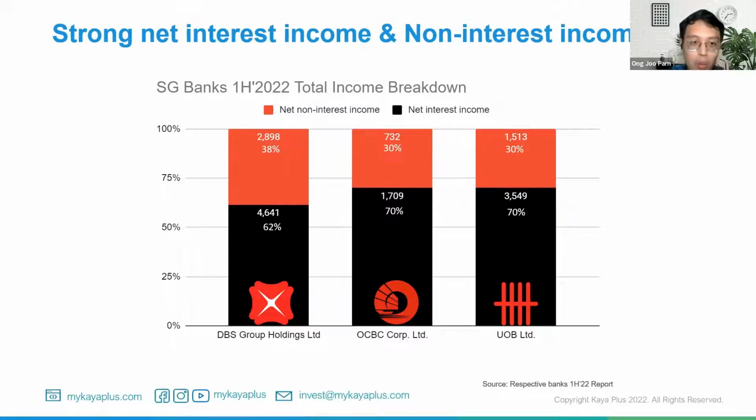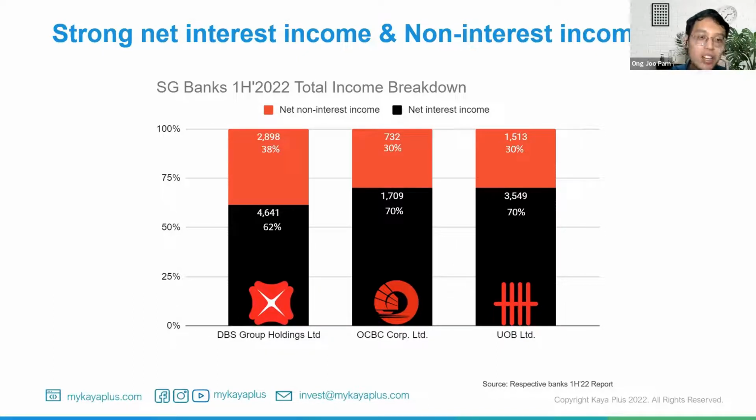Other parts where they churn out revenue without the fear of interest rates is the non-interest income. Banks can also sell you investment products and give you different kinds of services that they usually charge a fee for. This kind of income does not get affected by the OPR or by interest rates.